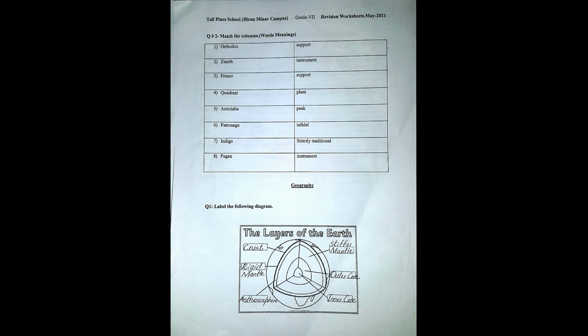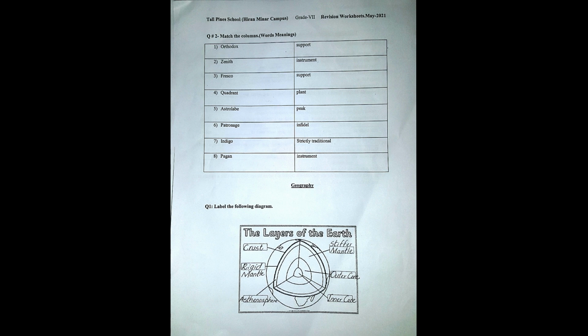On the top of left side there is stiffer mantle. What is this? Stiffer mantle. In the center here is outer core. The arrow goes inside the layer, that is outer core, and in the last there is a small circle that is called inner core of the earth.